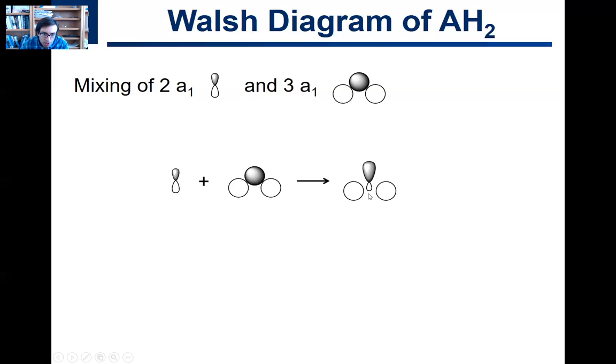So that's why this got smaller, but there's still going to be a little bit. But overall, you have an anti-bonding and you have a cancellation occurring because you have dark with light giving you just a little bit of a lobe here. And then you had a dark with dark, so that's going to get you a big lobe there. So you end up with this thing that sort of looks like an sp orbital.